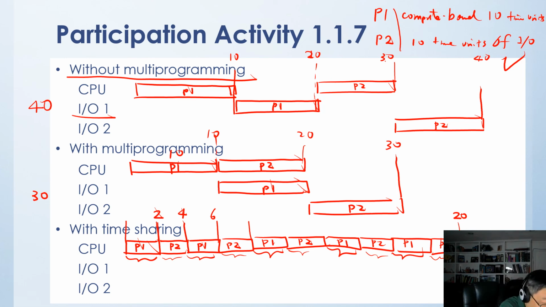But P1 actually finished 2 time units earlier than P2. So P1 finished over here, and P1 starts to run the IO, right? And P2 is going to run the IO 2 time units later. Now what's the total time?